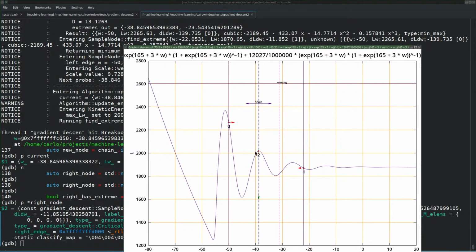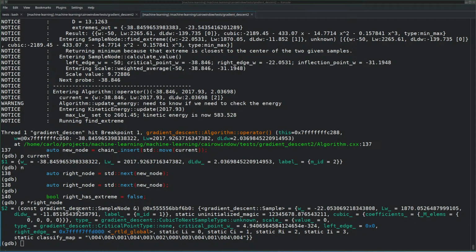I mean, this is inserted, and therefore left node is 0 and the right node is 1. You can see that here. We're looking at the label. Label is 1, yeah. So the right node is number 1. And of course that was also correct. That is minus 22. Next.